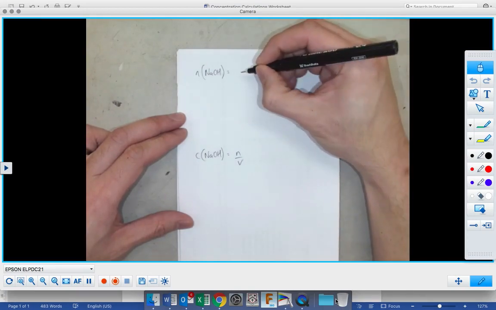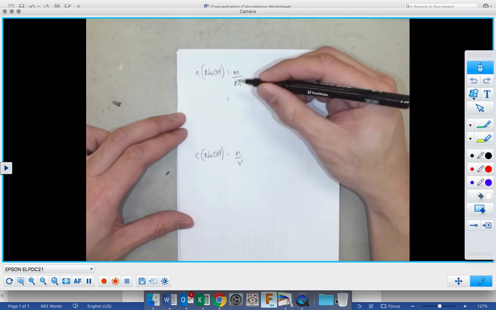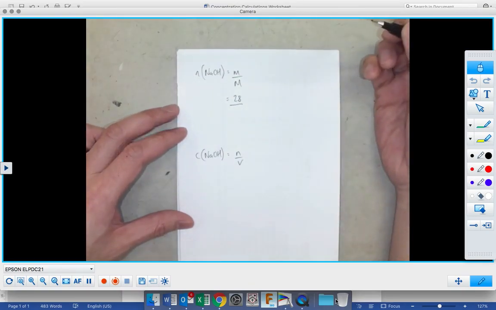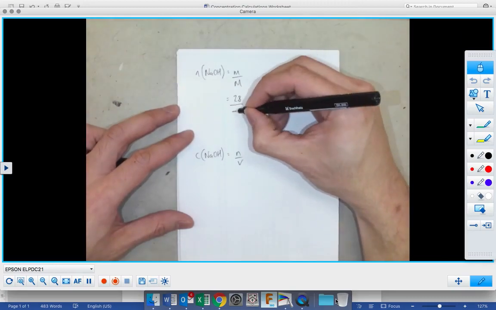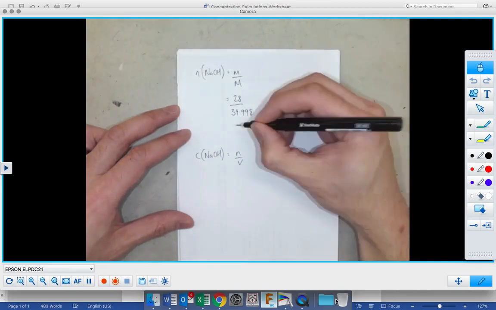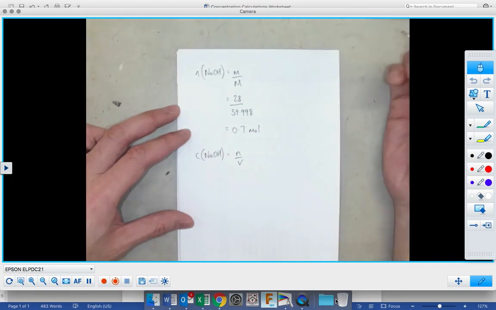So how are we going to do this? What's the formula for this? Little m over big M. That's going to be 28 grams over the molar mass of sodium hydroxide, which is 39.998 grams per mole, which then happens to be 0.7 moles.